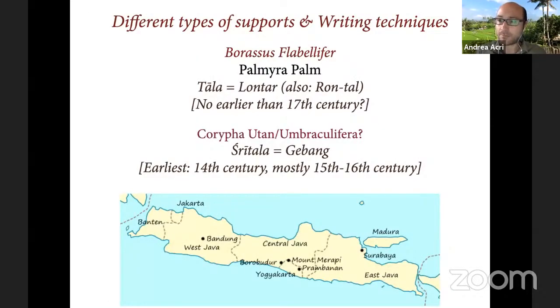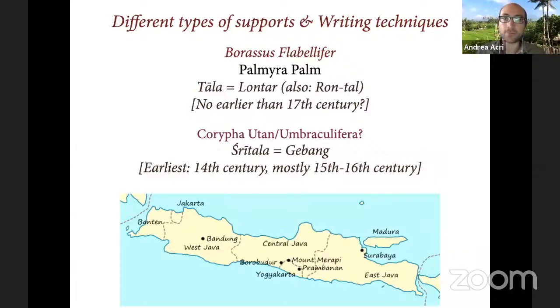Now, we find more or less the same type of supports as in India. For instance, these two leaves: the Borassus flabellifer, which is called lontar, found in the drier parts of Java and Bali, is the most common support.